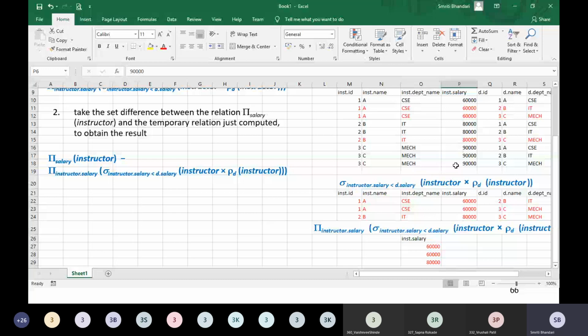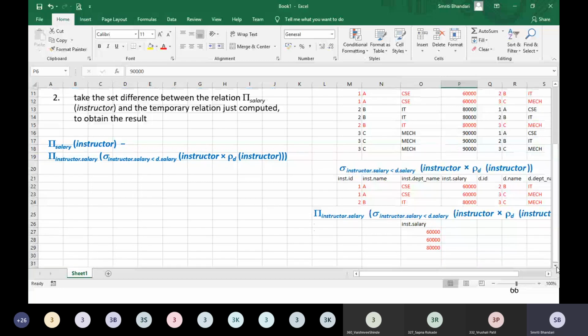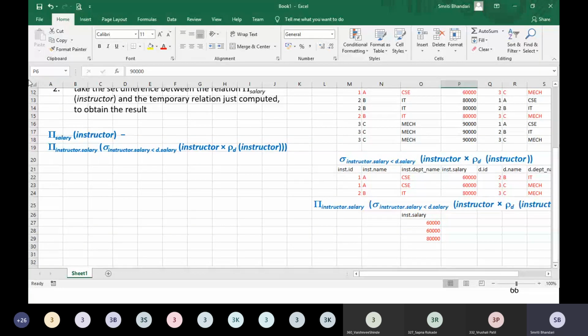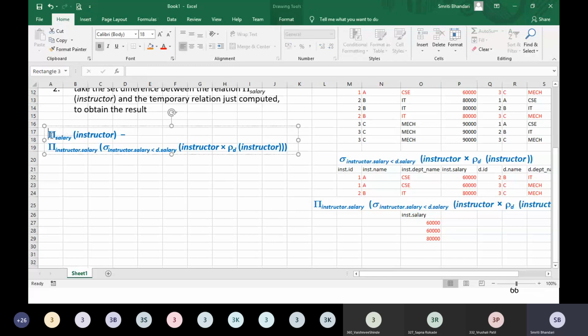Okay, now what we are going to do in the next step. So we have done with this statement, first part, we have got the salary values, and simply what we are going to do next is we will be having the set difference of the output of this entire statement, and the salary column of the instructor.